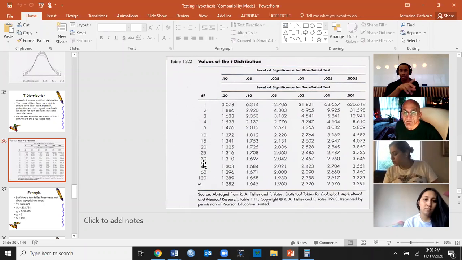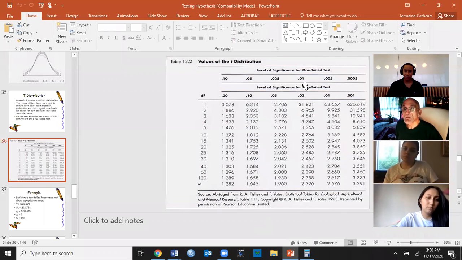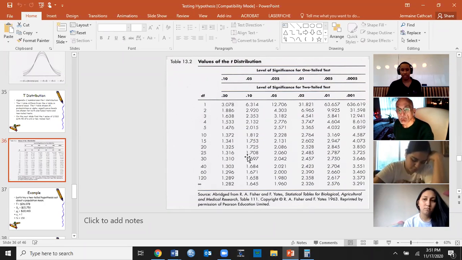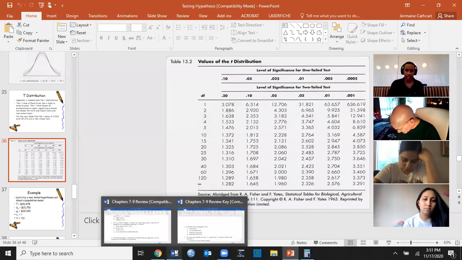Now it also told us the one-tailed test at the 0.05 alpha level. So we come up here, we see one-tailed test. Obviously below is for the two-tailed test. So we see a one-tailed test at the 0.05 alpha level. So we come down here, 40 degrees of freedom, 1.684. So as long as our T obtained is either 1.684 or above this number, which is the critical value, we can reject the null hypothesis.